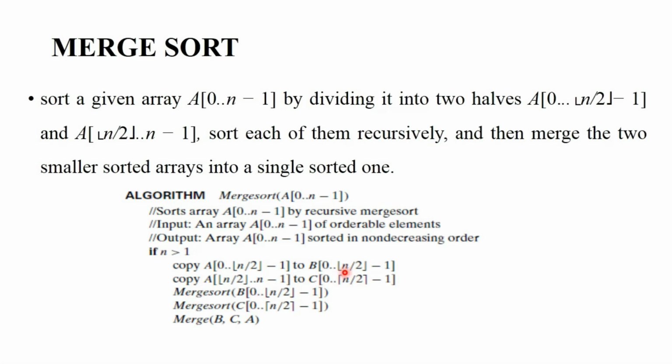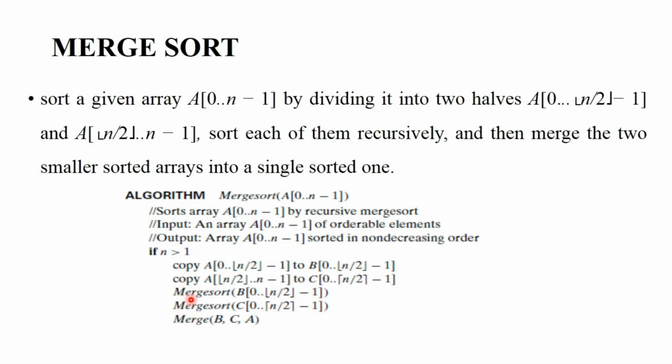Next, we sort these arrays which we have placed in B and C. So we are calling recursively the merge sort function on the input array B with this index 0 to n by 2 minus 1, and once again merge sort for sorting the array C starting from 0 to n by 2 minus 1.